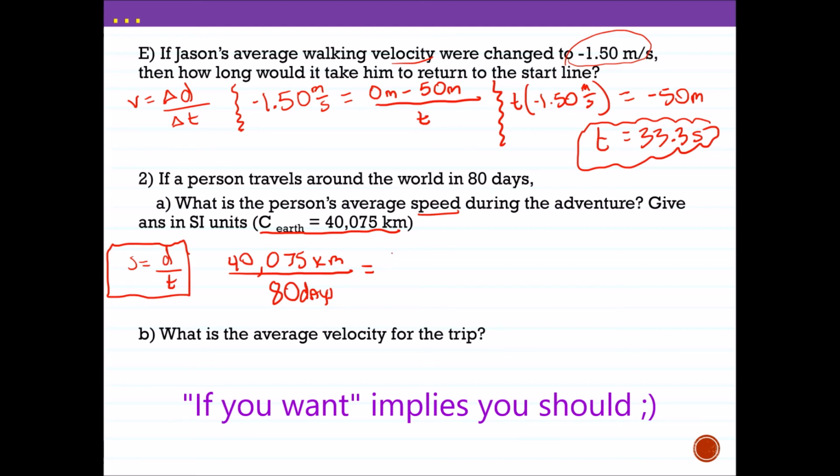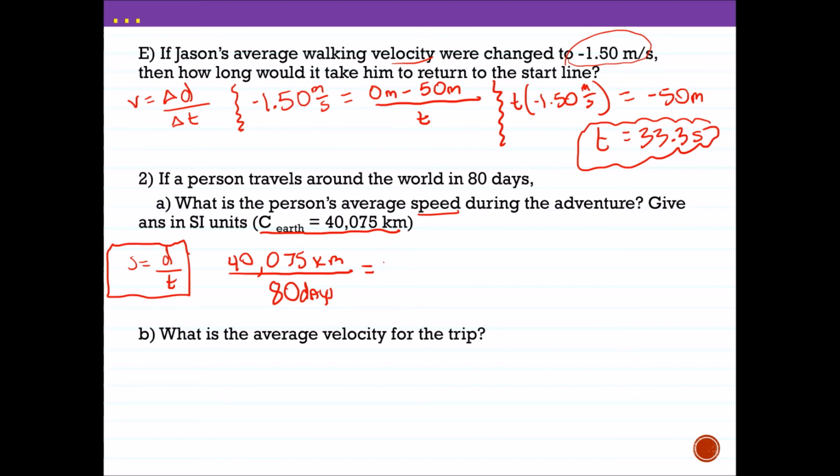Welcome back. Did you get 500.94 kilometers per day? We have to convert that to SI units, so we need to convert it to meters per second. So one day is equivalent to 24 hours.